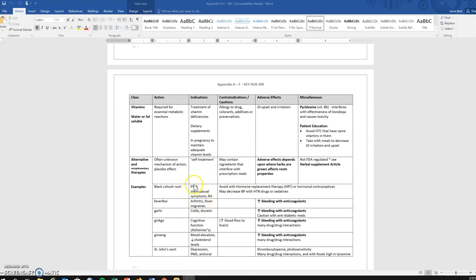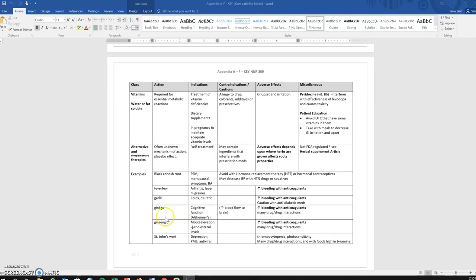PMS, premenstrual symptoms, rheumatoid arthritis, or RA, are sometimes what people will take black cohosh root for over the counter, but you need to avoid black cohosh root with hormone replacement therapy or hormonal contraceptives. Also, this herb may decrease blood pressure given with antihypertensives or sedatives, so it can decrease the blood pressure abnormally low and cause the patient to have syncope or fainting and can cause falls.